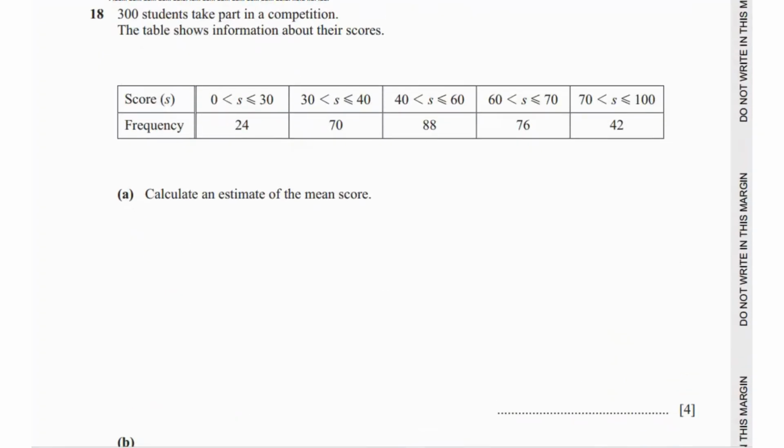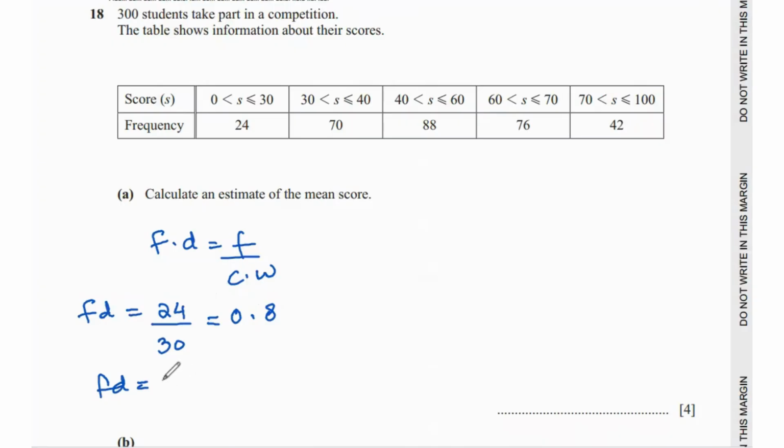So let's first find the frequency density for each interval. Frequency density is frequency over class width. So for the first one, it's 24 over 30. Class width is the difference between your maximum and minimum value of the interval. So that's going to be 0.8.